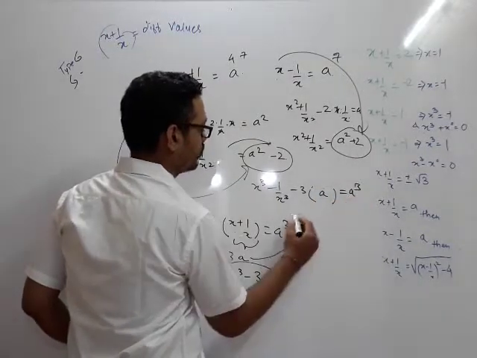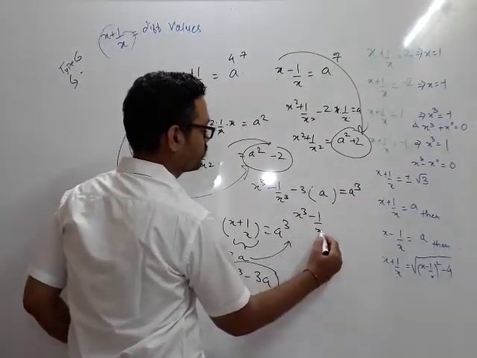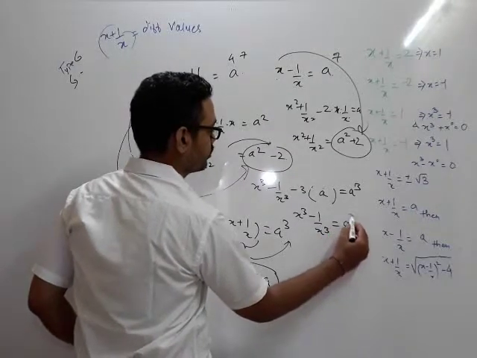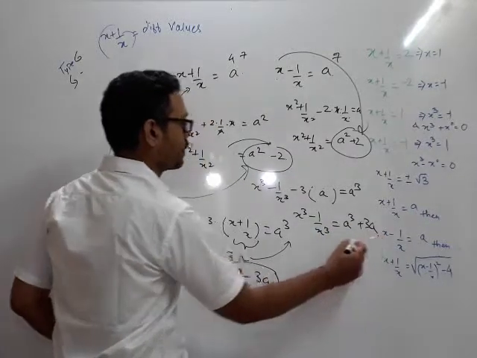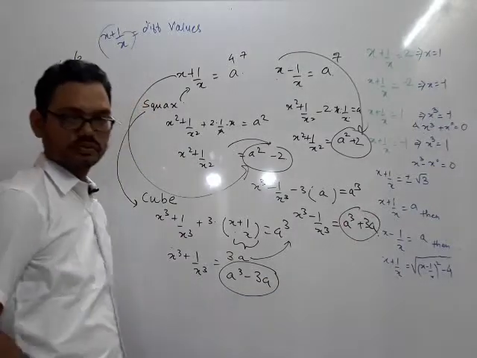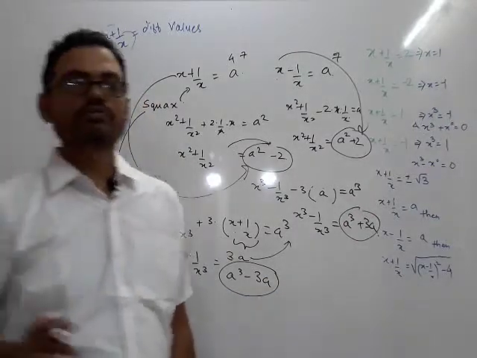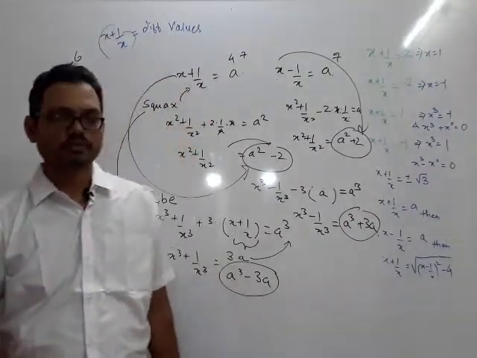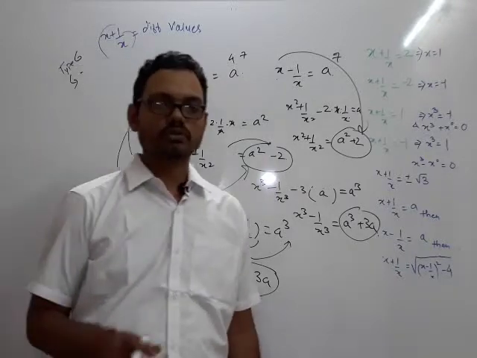So x cube minus 1 by x cube will be a cube plus 3a. This is another inference. Alright, you don't have to focus on how we have got it, but if you remember the formula, you will easily be able to get it.